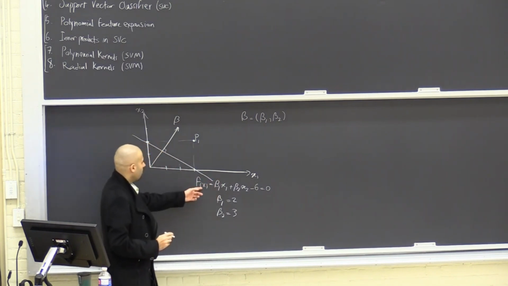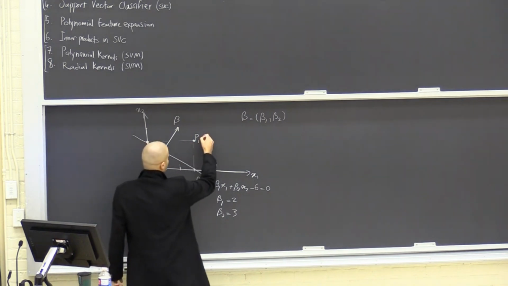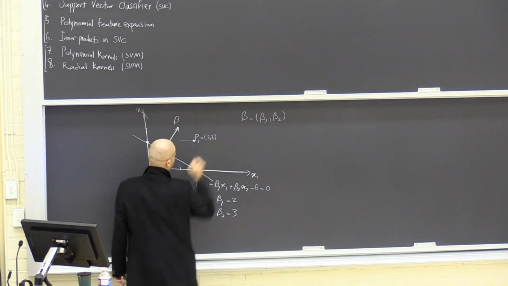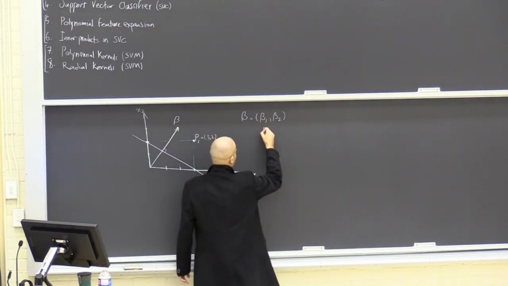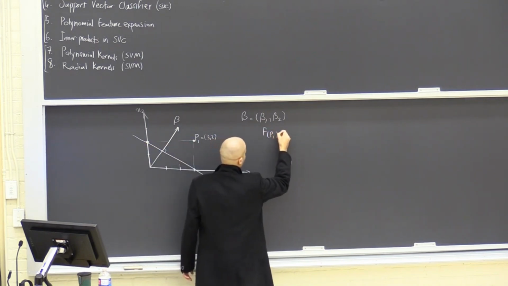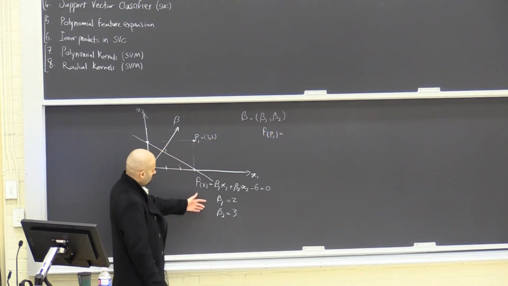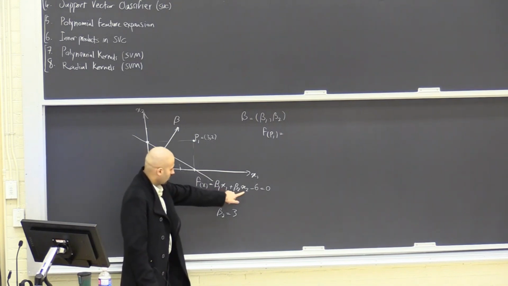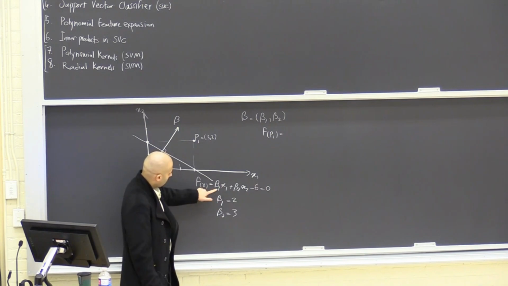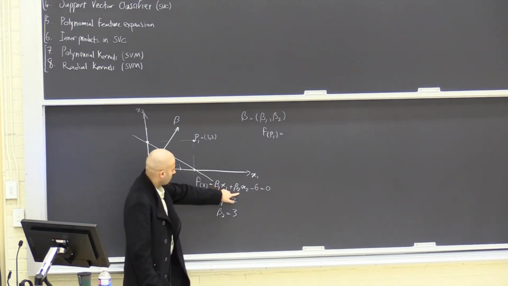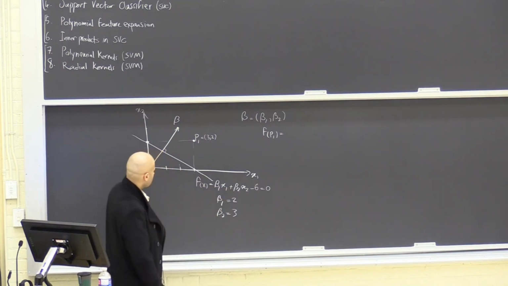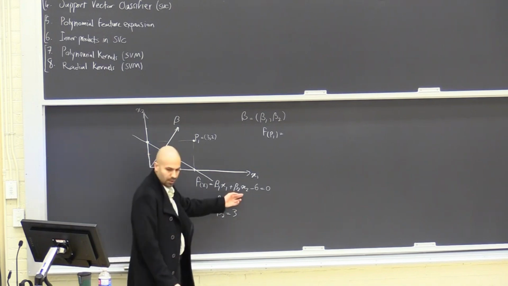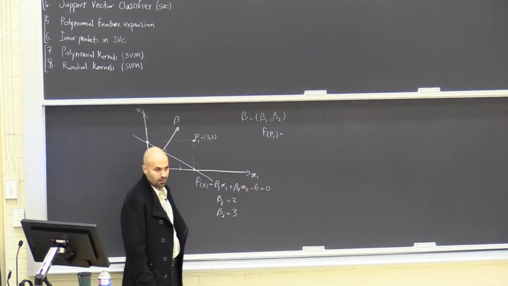If we just evaluate this function based on this point, which is 3 and 2, we see that f of P1 would be 2 times 3 plus 3 times 2 minus 6.